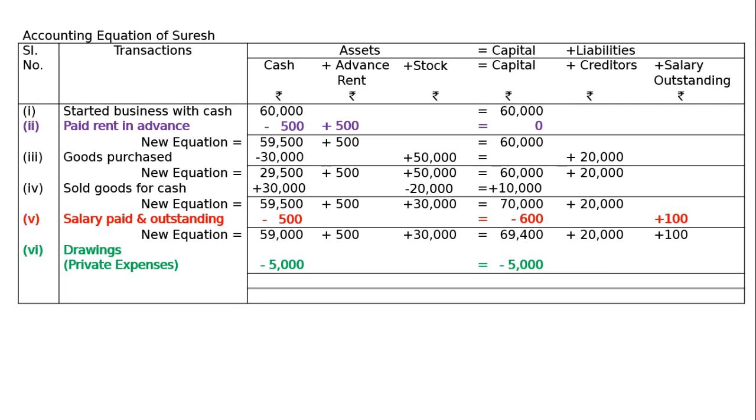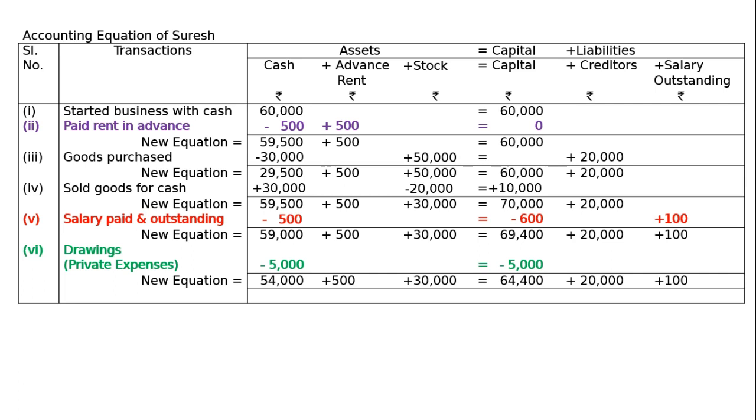Hence, new equation will be cash rupees 54,000, advance rent rupees 500, stock rupees 30,000, that is capital rupees 64,400, creditors rupees 20,000 and salary outstanding rupees 100.